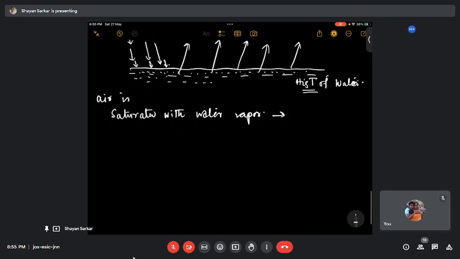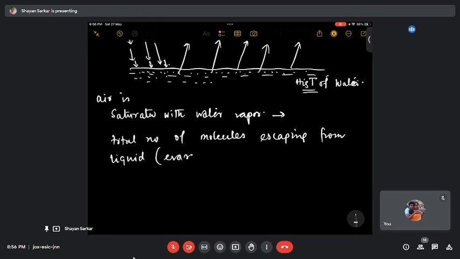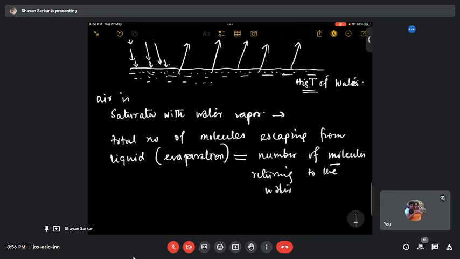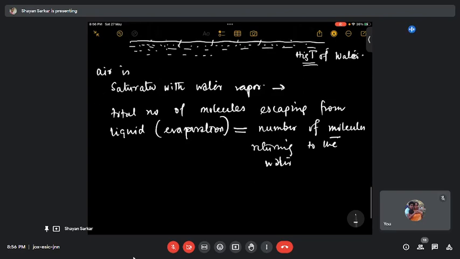What does it mean? It means that total number of molecules escaping from liquid, that is evaporation, is balanced by number of molecules returning to the water, that is condensation.